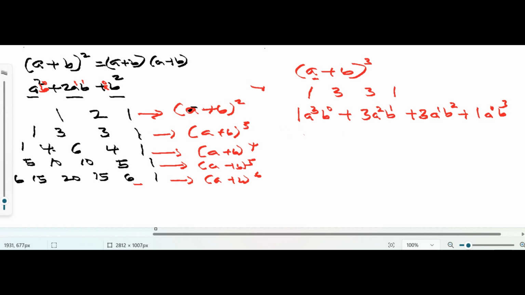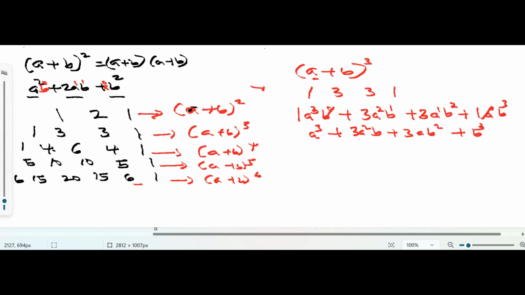So I can write 1 a raised to power 3, b raised to power 0, which is the same thing as a raised to power 3, as we know that b raised to power 0 is 1. This one will be 1, and a raised to power 0 too is 1. So plus 3a squared b plus 3ab squared plus b cubed.